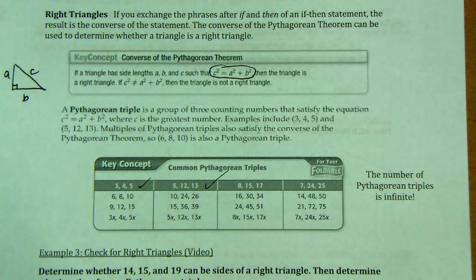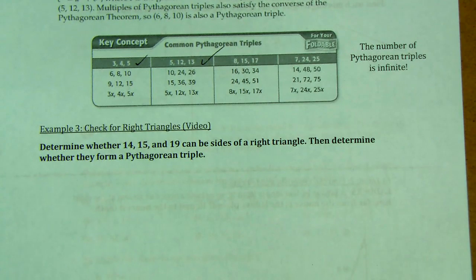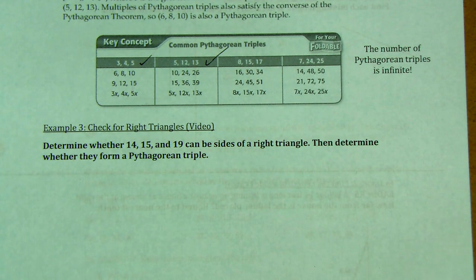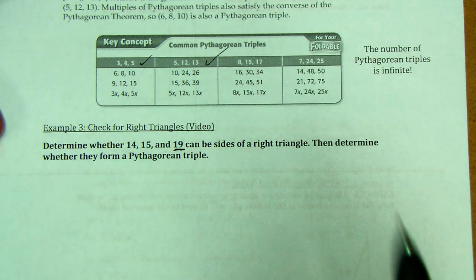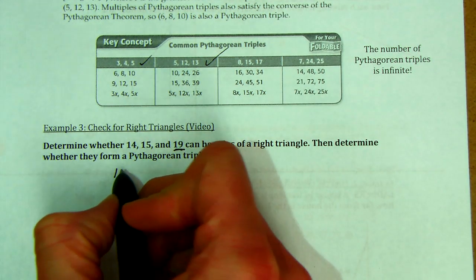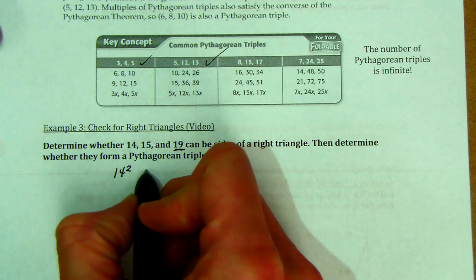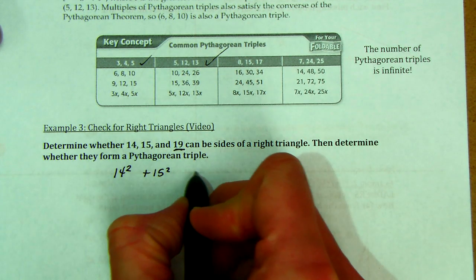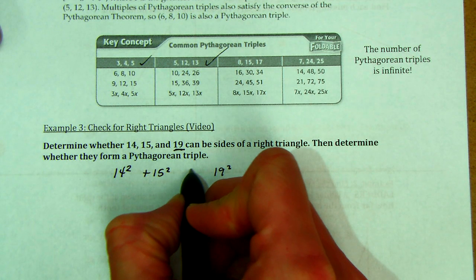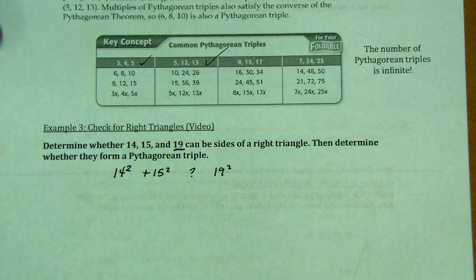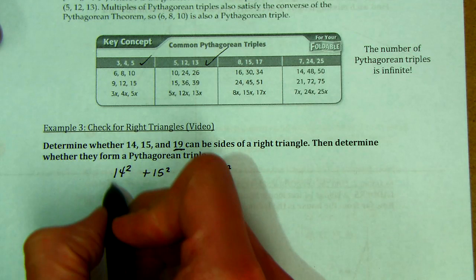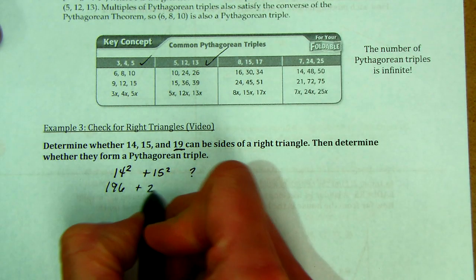So the first couple questions just give you three measurements and ask you, can it be a right triangle? Remember, C always has to be your biggest one. So if this one is a right triangle, then 14 squared plus 15 squared better equal 19 squared. Okay, so that's what we are going to determine. Just get out your calculator if you don't know these. 14 squared is 196. 15 squared is 225. That one I know. 19 squared is 361.